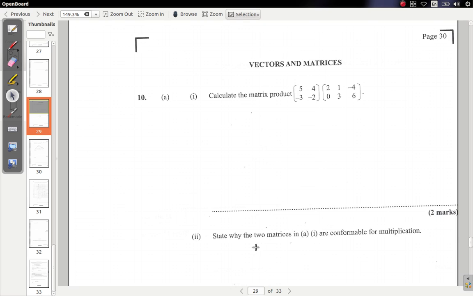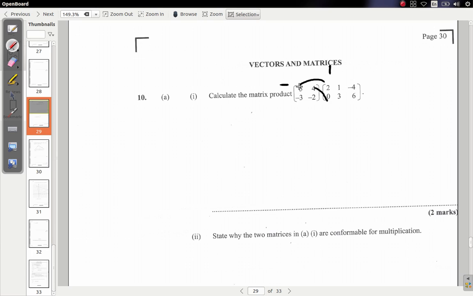But anyway, it says state why the two matrices in A1 are conformable for multiplication. Alright, you see what happened now? When you multiply row 1 by column 1, you have the first by first plus second by second.